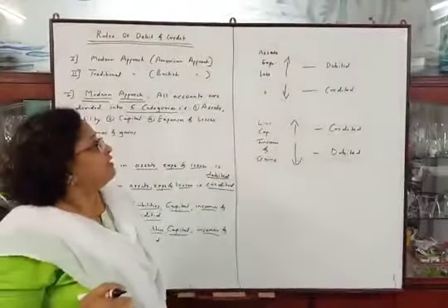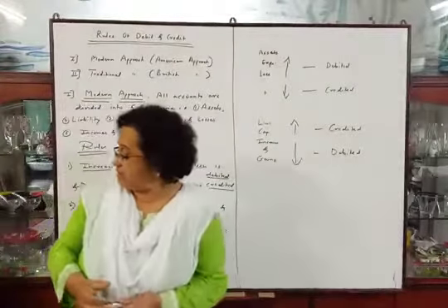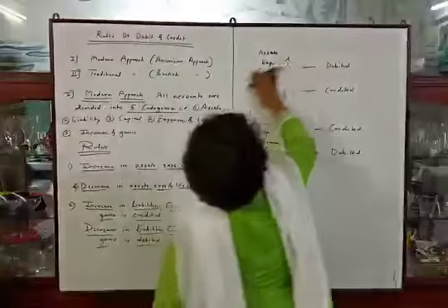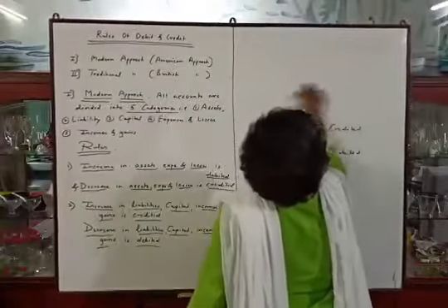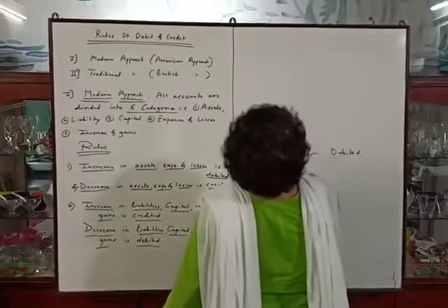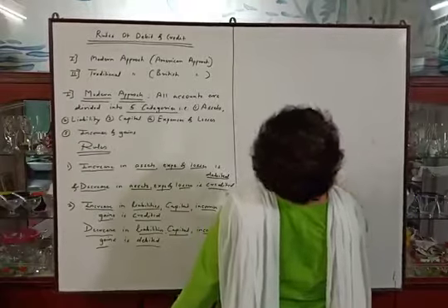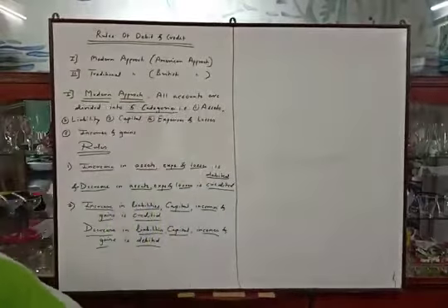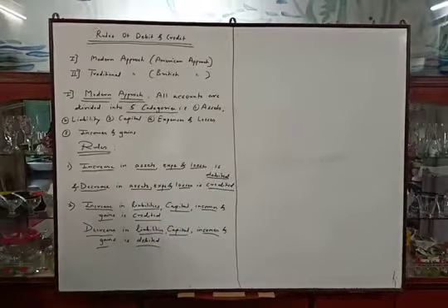Okay. Now we will learn some examples of applying this rule to some transactions for deciding debit and credit of the transactions. I will take one example of a transaction.